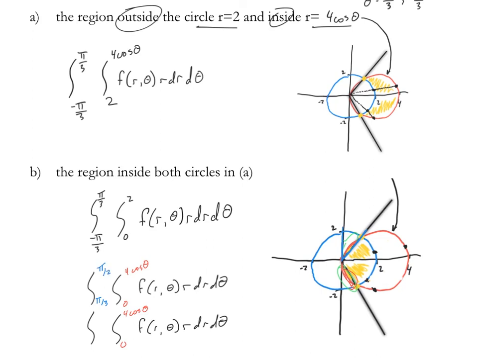Pi over 3 up to pi over 2. The yellow region is between those two angles. Similarly, down below, the yellow region is between negative pi over 3 and negative pi over 2, even though you can't really see it anymore because my picture got really messy. So this one is negative pi over 2 to negative pi over 3.